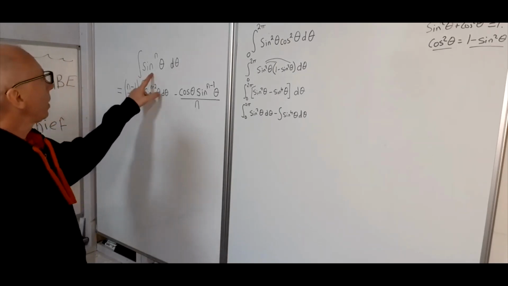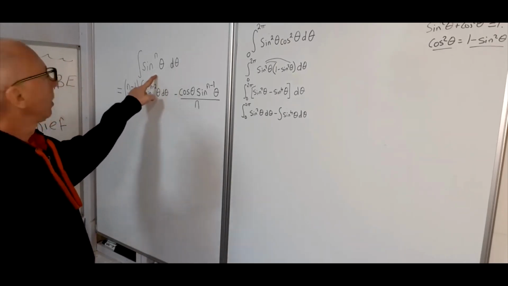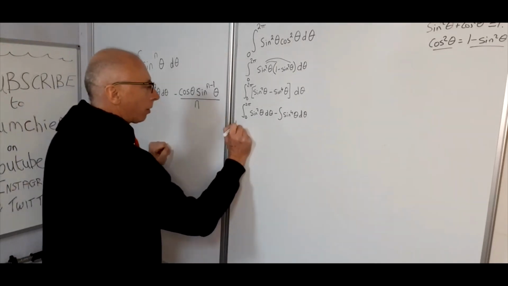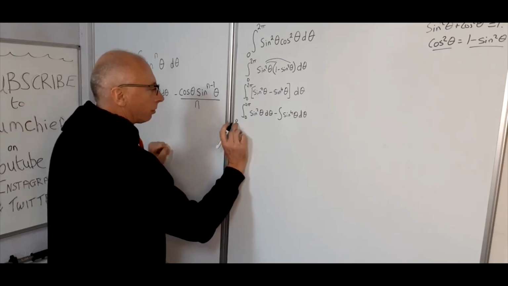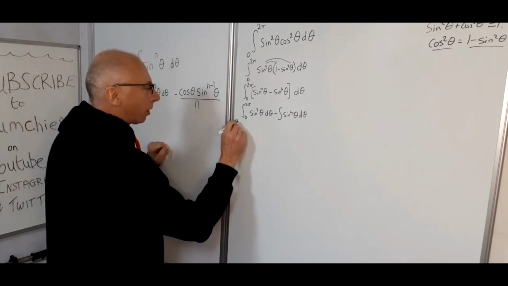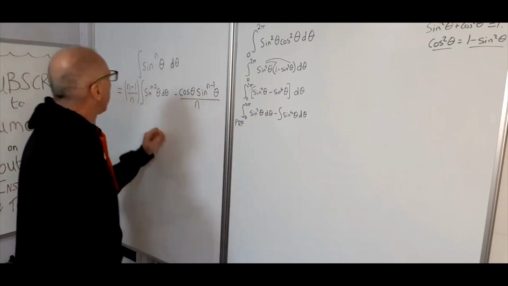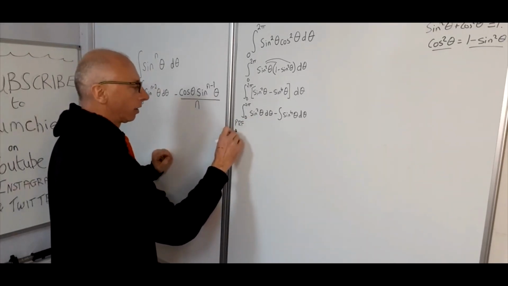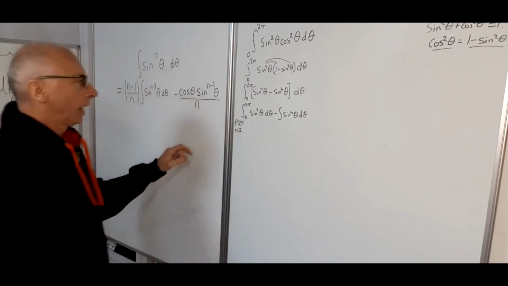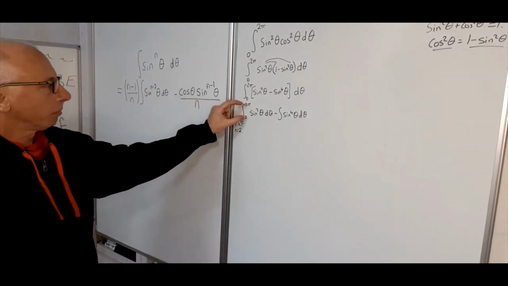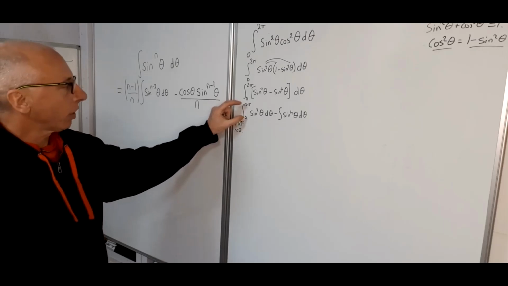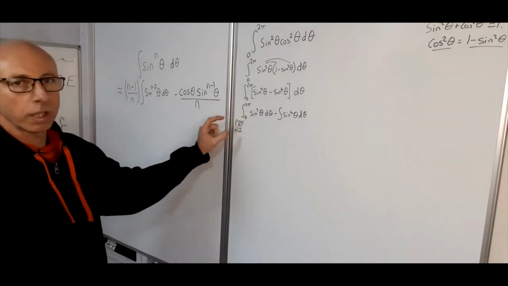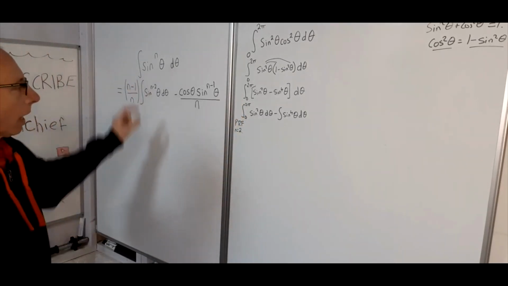Okay, let's go straight into sine squared theta. So power reduction formula, and in this case our n is 2 because we've got sine squared. Now I'm just going to eliminate the range of integration from 0 to 2 pi. I'm just going to do the integral itself for now, just to use the power reduction formula.